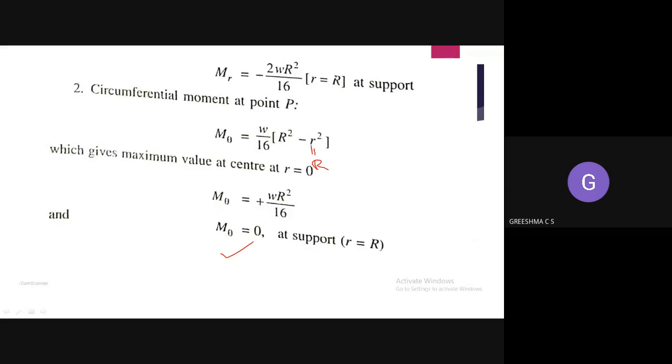So for the fixed circular slab, circumferential moment at the supports will be 0.